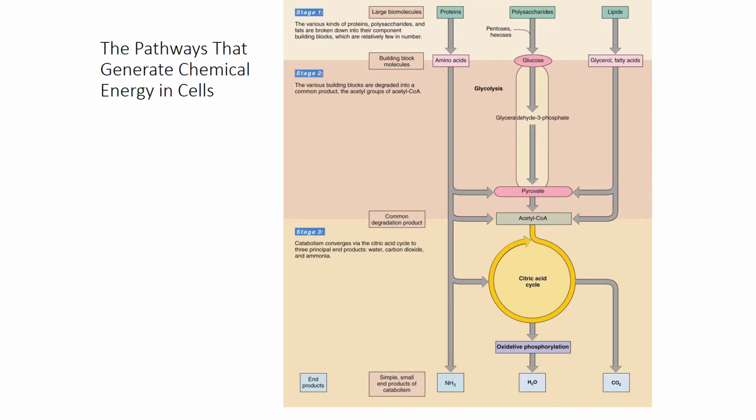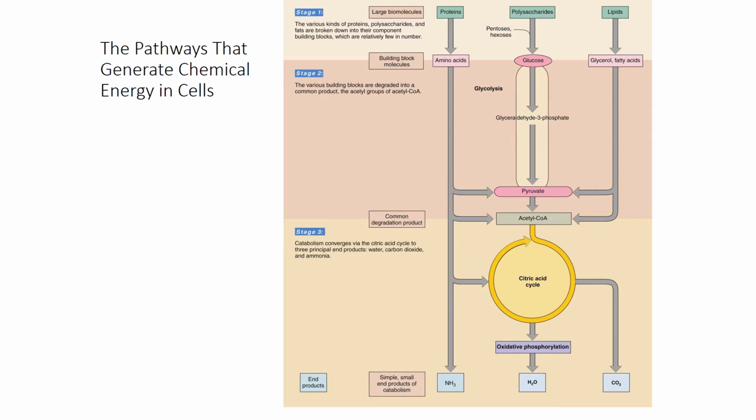And then these building blocks, depending upon what the needs of the cell are going to be, are converted to pyruvate or acetyl-CoA, and then fed into the citric acid cycle. As you see, amino acids can be converted to pyruvate or acetyl-CoA, and the same for lipids.